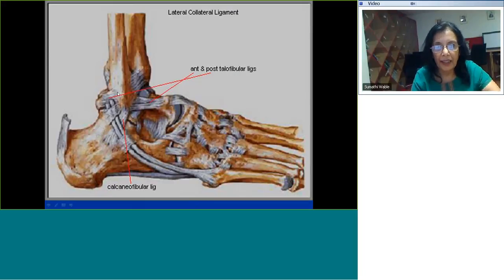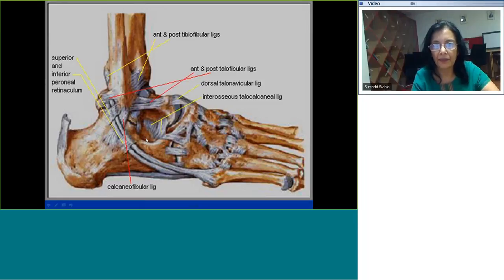So again, this is the anatomical view once the more superficial structures have been removed, showing the lateral collateral ligament complex. And also here you have the peroneal retinaculum, superior and inferior, keeping the peroneal tendons in place.